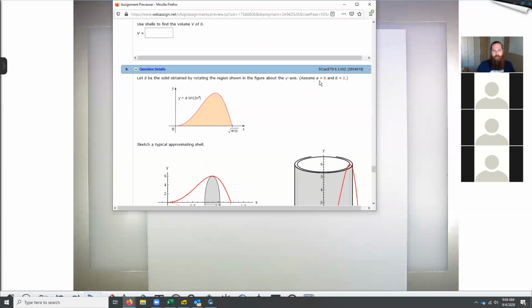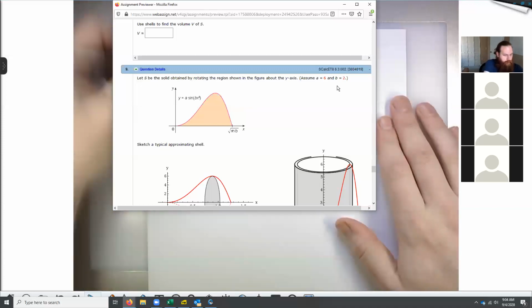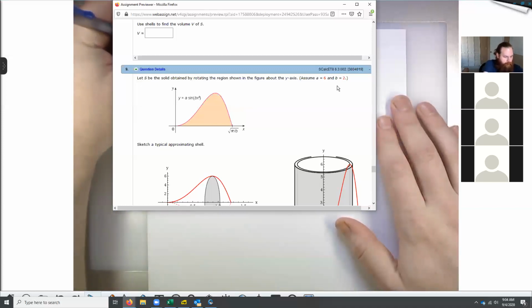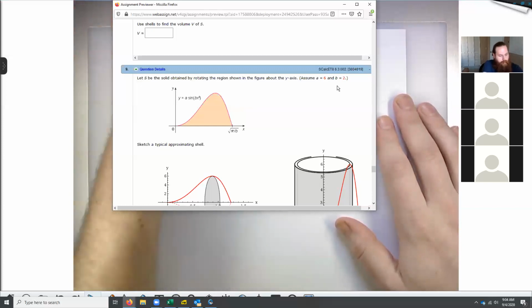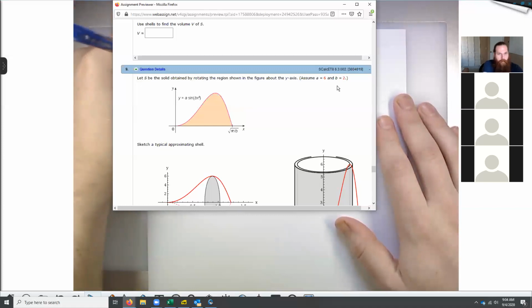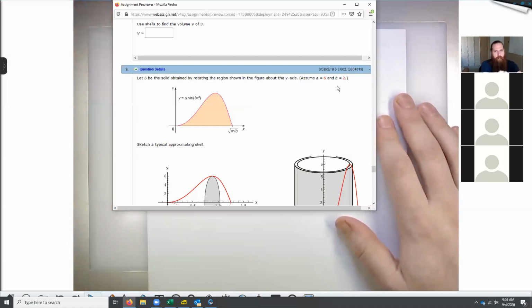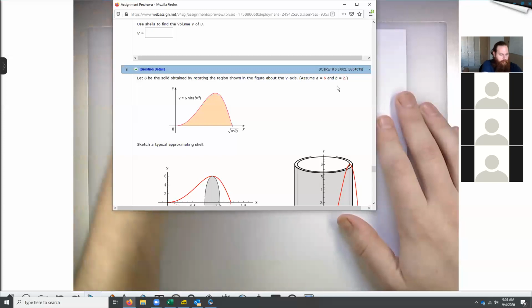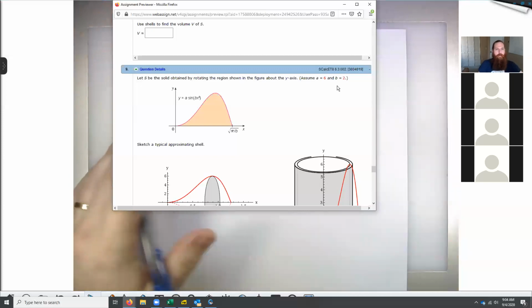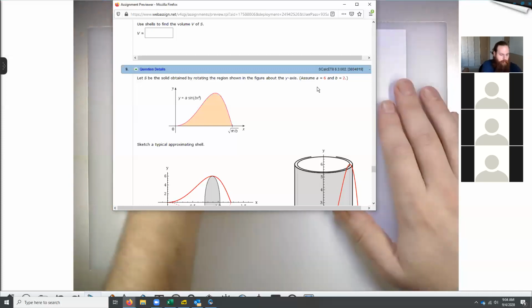But they tell you that a is 6 and b is 2. So let me go ahead and draw this, and then I'll switch back. So a times the sine of bx squared would be 6 times the sine of 2x squared, rotated about, what are we rotating about here? The y-axis.